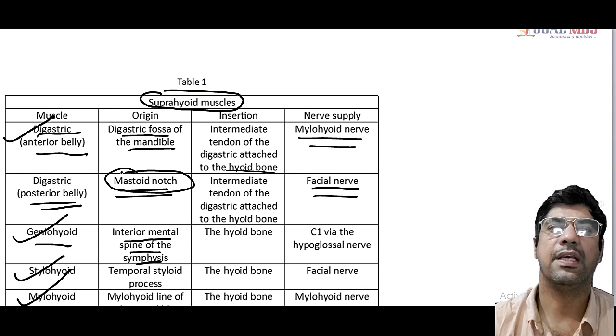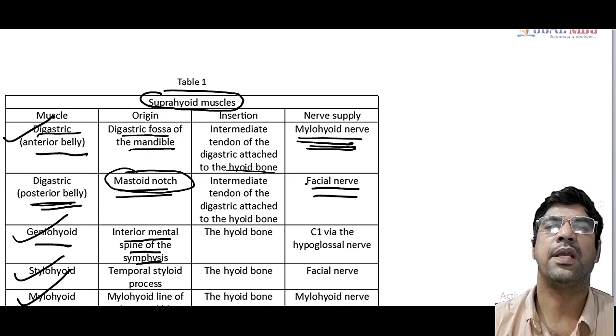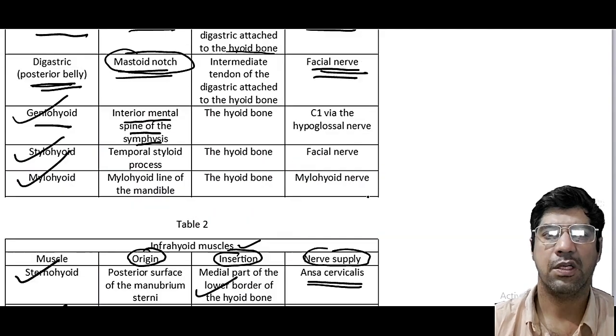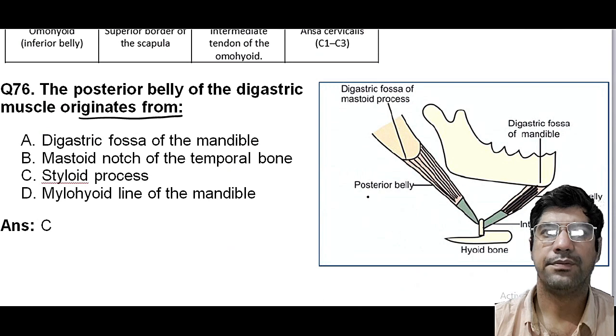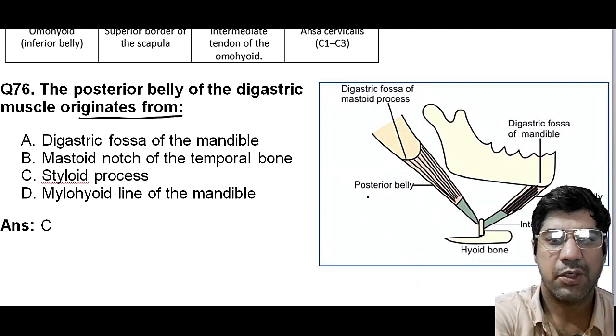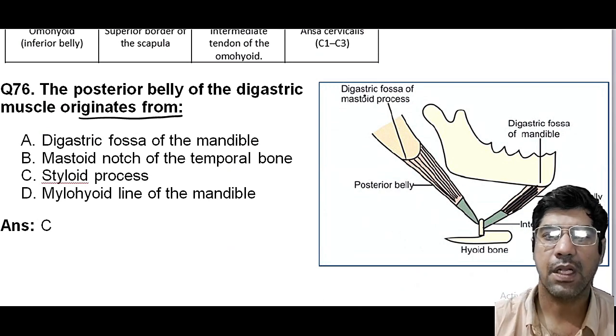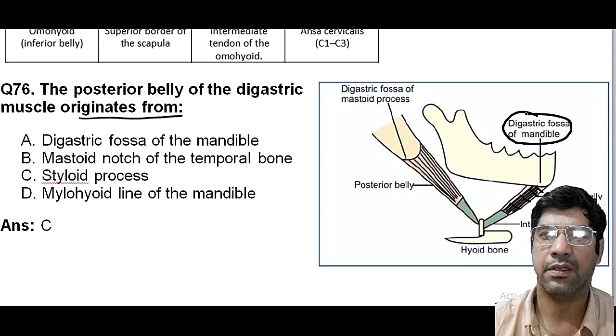Let us see in the figure. The anterior belly is supplied by the mylohyoid nerve and the posterior belly is supplied by the facial nerve. So these are the two bellies. The anterior belly has an origin from the digastric fossa of the mandible. This attachment helps in depressing the mandible and opening the mouth.